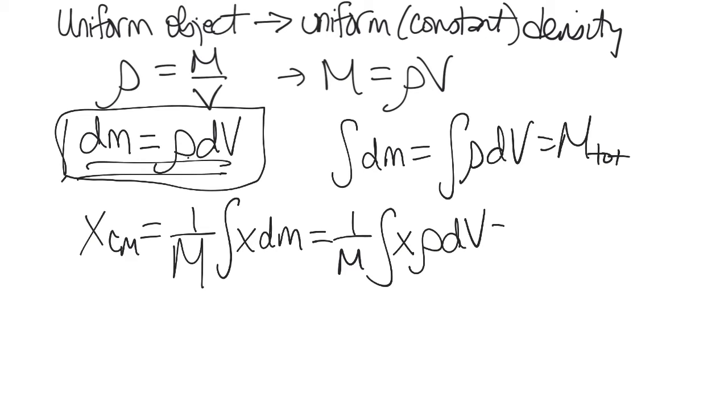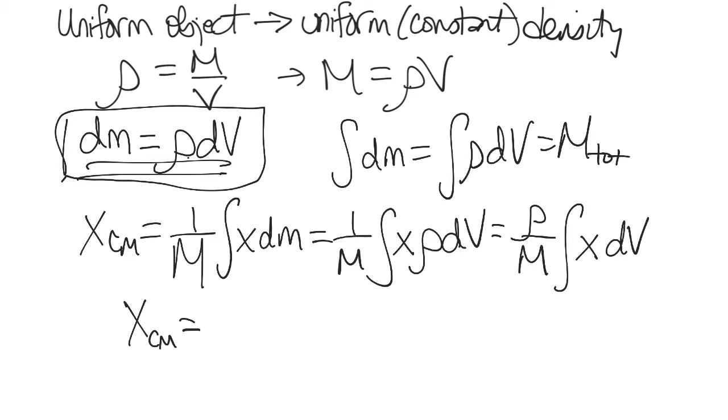And for this uniform object, rho is constant, so I'm going to write rho over m, integral of x dv. Now, can you figure out what rho over m is? If you look up here, rho over m is going to be 1 over v.